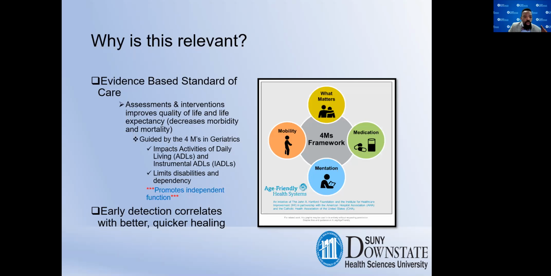Another way of saying that is it should translate into a decrease in morbidity and mortality. This is an important point that we should not overlook. Everything that we do, particularly in geriatrics, should be guided by the 4Ms framework.